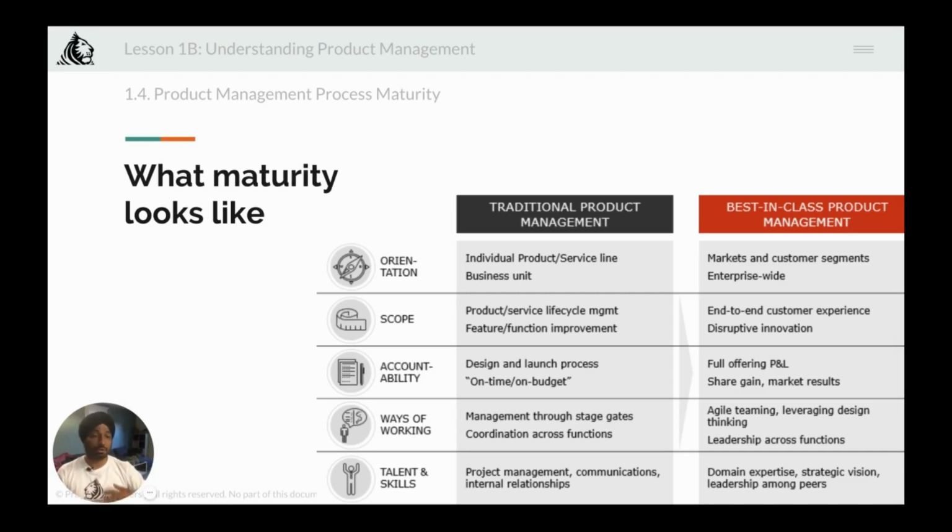The accountability is full, typically for the entire P&L, and for gaining or owning the market. Typically, the people in the best in class segment will be agile, they will leverage design thinking, and they will have leadership across the functions. That's how they would like to work. And finally, they will have domain expertise, strategic vision, and leadership among their peers. And they will lead with influence, not with authority.